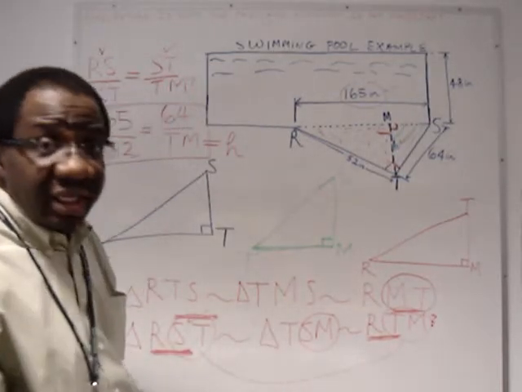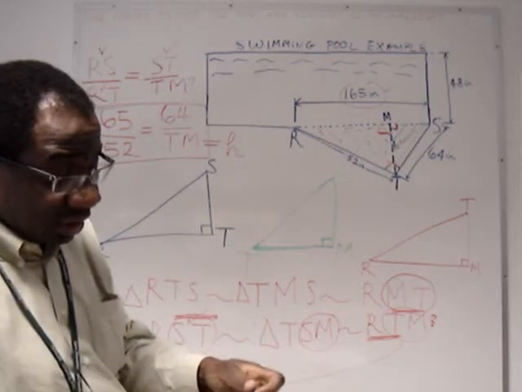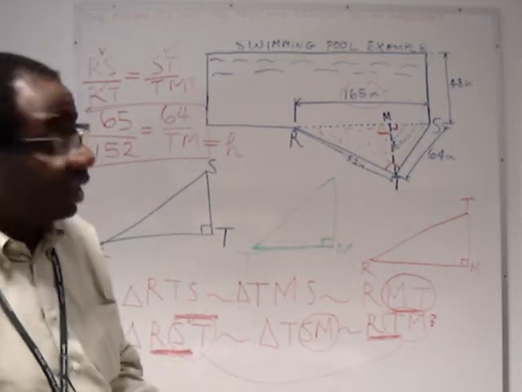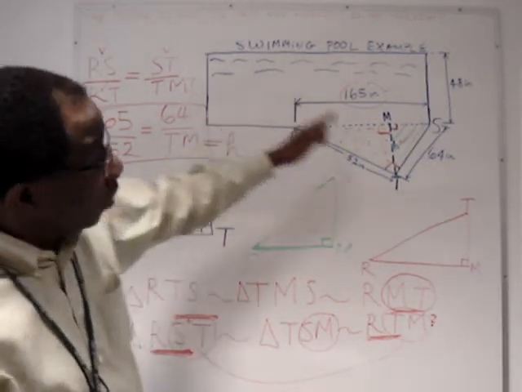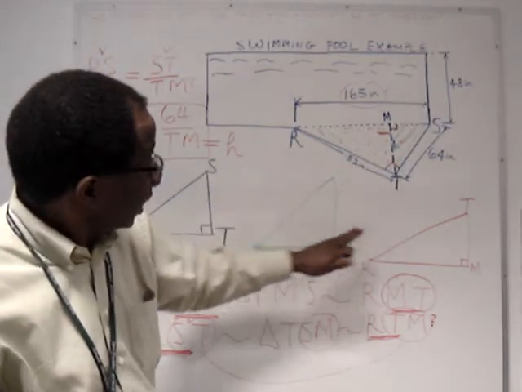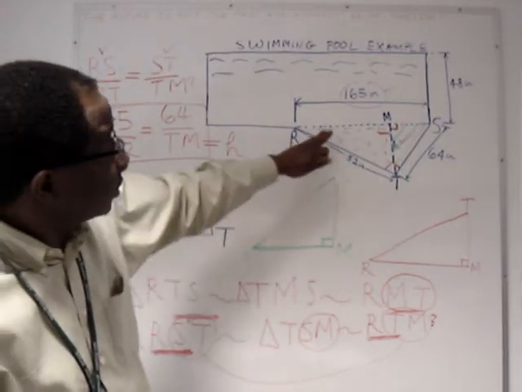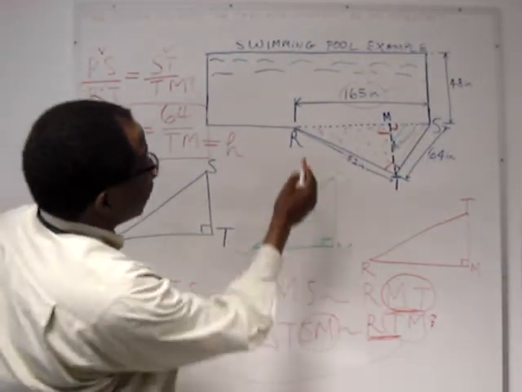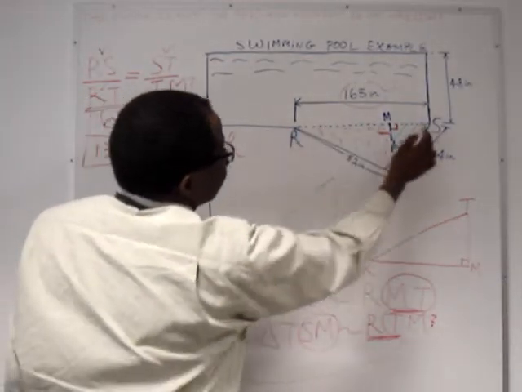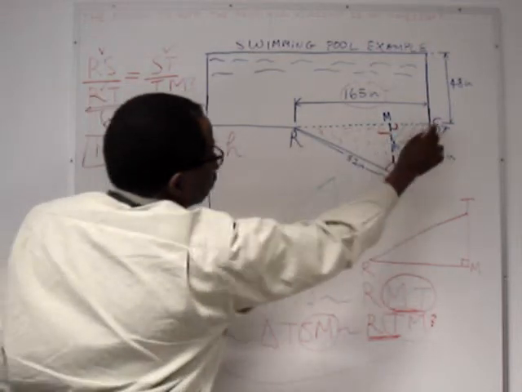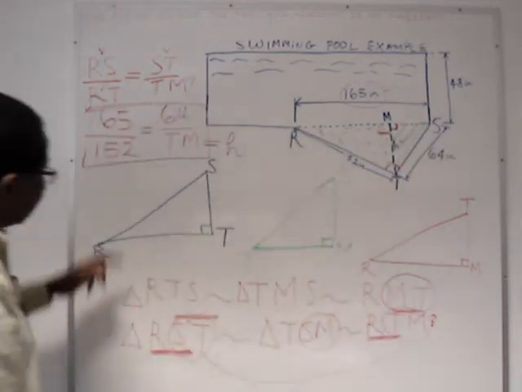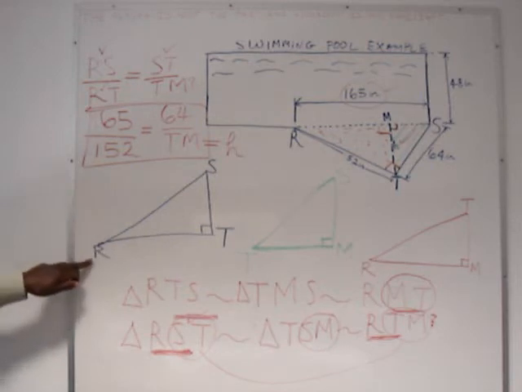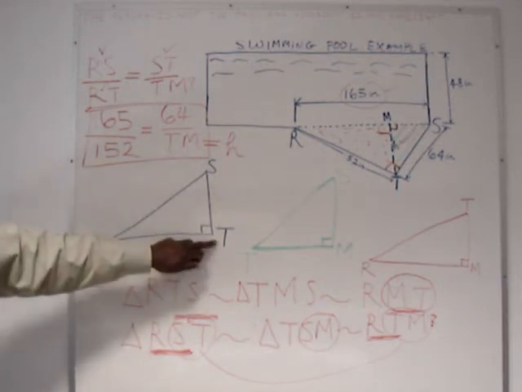Now, let's see how we can use the things that you have learned so far. First of all, what we have to do is identify the similar triangles in this picture. Your original triangle is this one, and that's the one I've drawn here, RST.